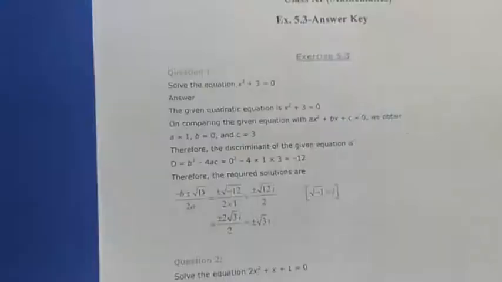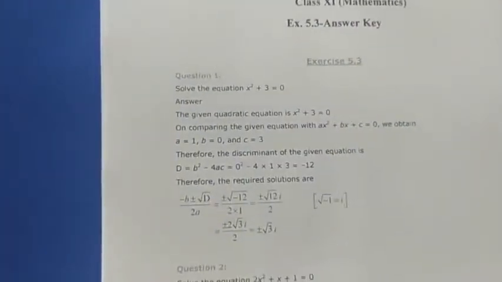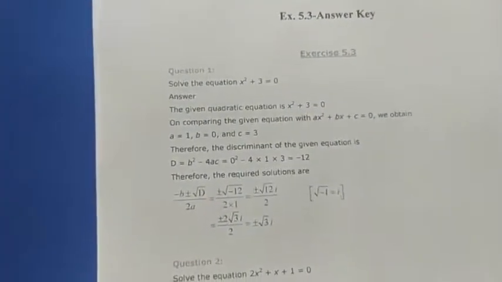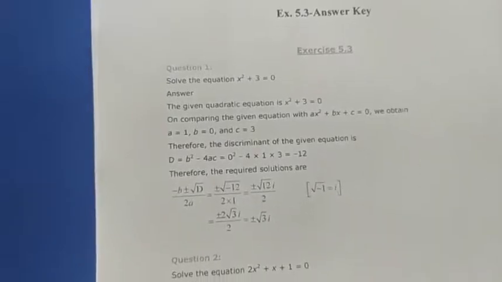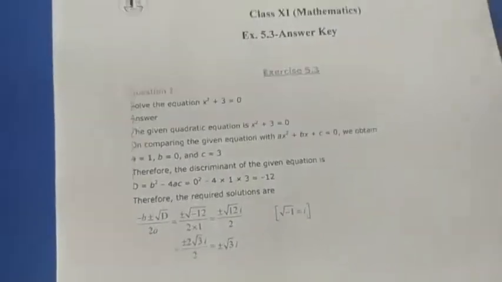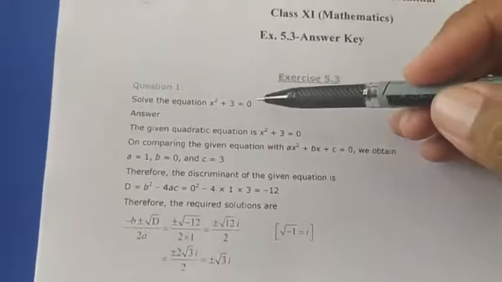In the last exercise, the third exercise, you have to solve the quadratic equation given in complex numbers. Just put the quadratic formula as you have done in the 10th standard. You have the quadratic equation x square plus 3 equal to 0.